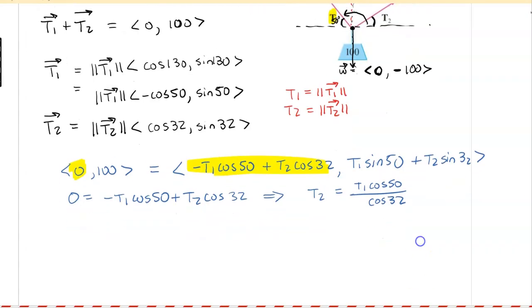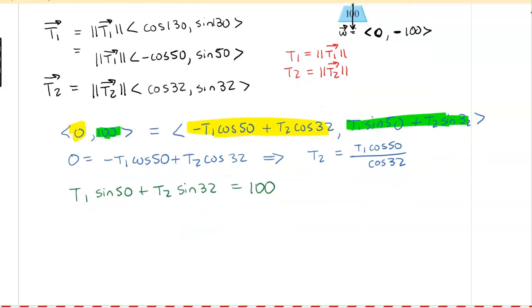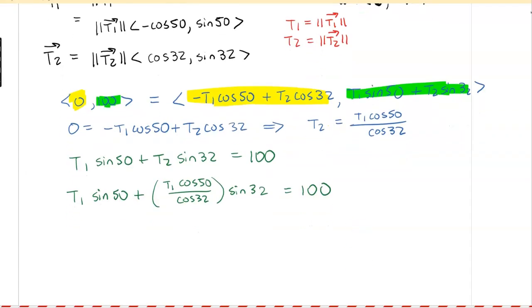We can now take that value and substitute it into a second equation, which comes from the second component. T1 sine 50 plus T2 sine 32 needs to add up to 100. I'm going to replace T2, so we get T1 sine of 50 plus T1 cosine 50 over cosine 32 times sine of 32 is equal to 100. Please use a calculator. Be careful here.